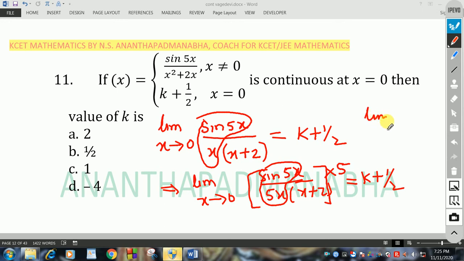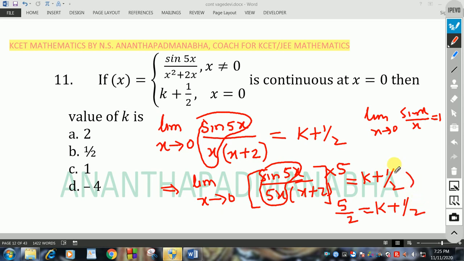Limit as x tends to 0 of sine x by x is equal to 1. Therefore sine 5x by 5x is equal to 1. As x approaches 0, I will get 2 inside this square bracket, and in the numerator I have 5. So I will get 5 by 2 is equal to k plus 1 by 2.